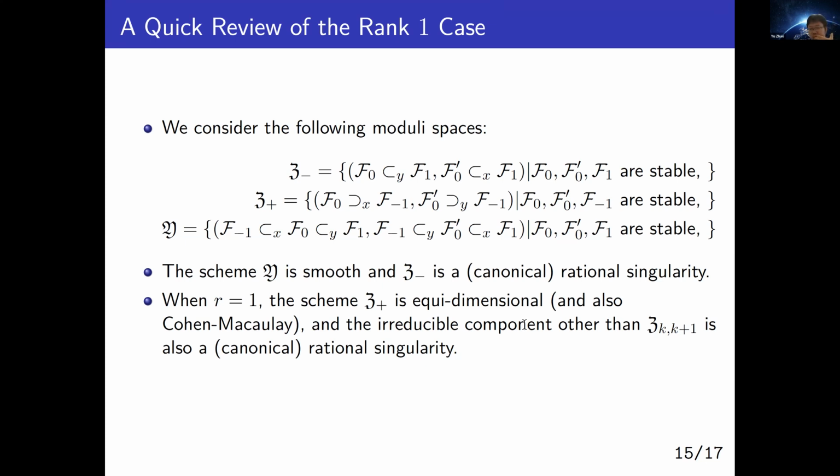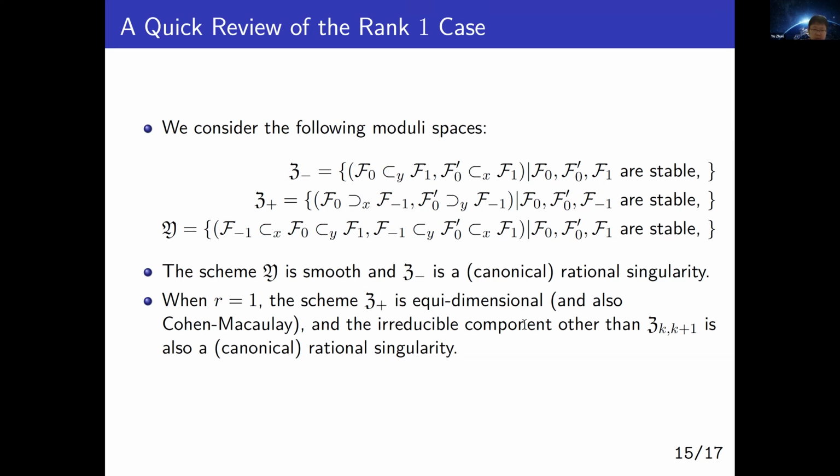For the case of rank R equal to 1, we could show that Z plus is equidimensional and also Cohen-Macaulay, and the component where F0 is not equal to F0 prime, we could also show this part has rational singularity, and the projection morphism from Y to this part is birational.